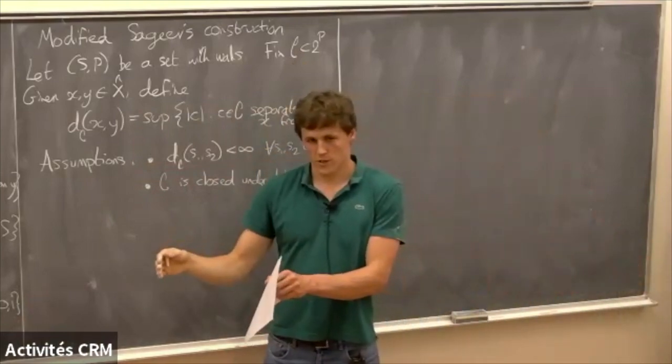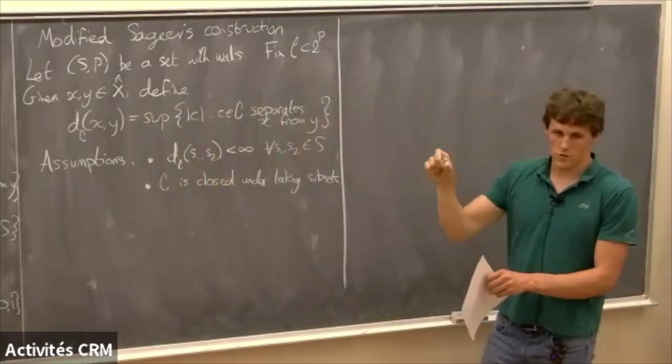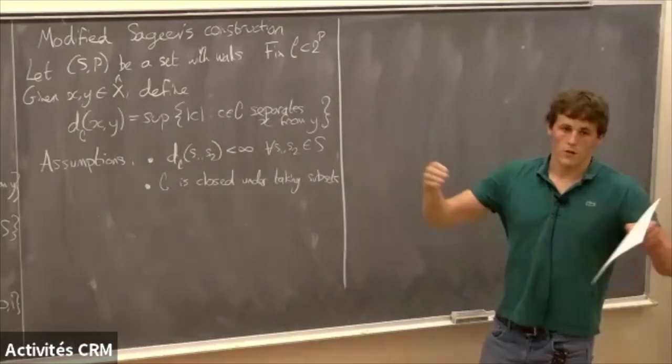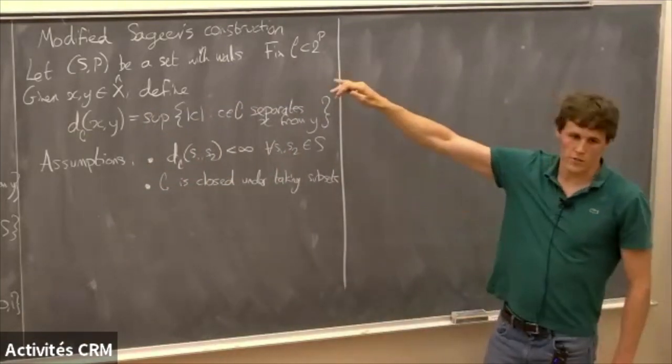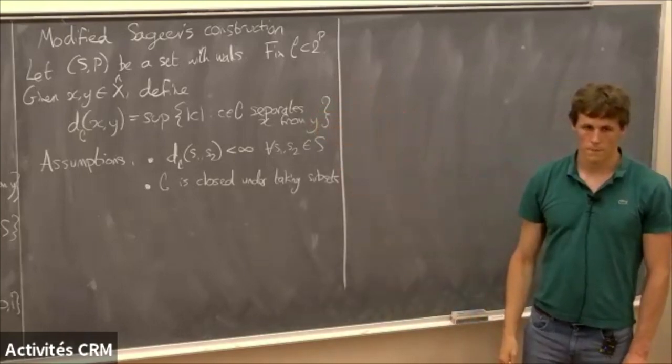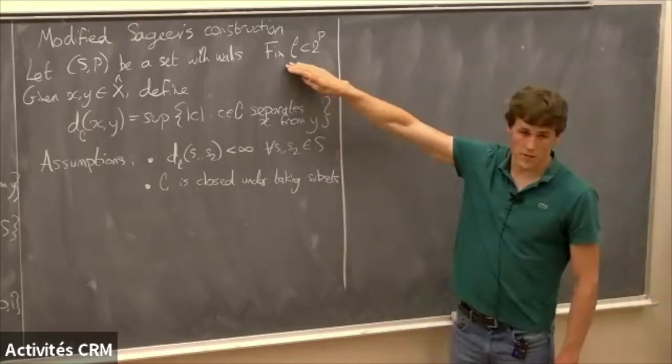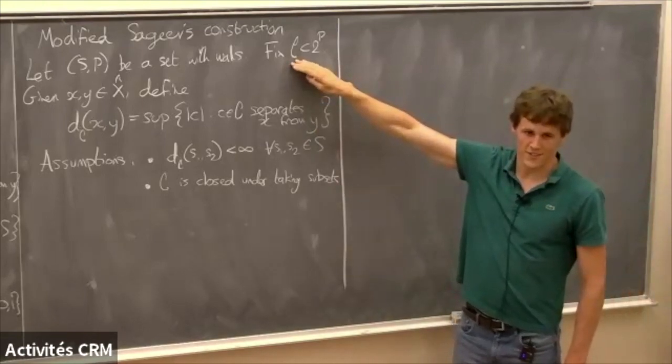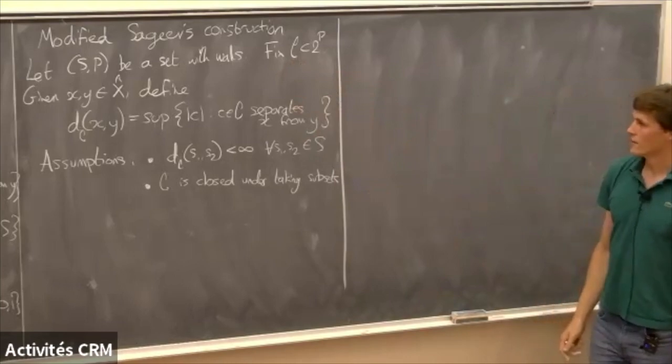And 2 and 5 are not separated by an element of this. So those two things are at distance 0. But 0 and 5 are separated, so their distance would be positive. Okay, you're fixing a subset. Yeah, you fix the subset and you only use that to count distances. Okay. Yeah.